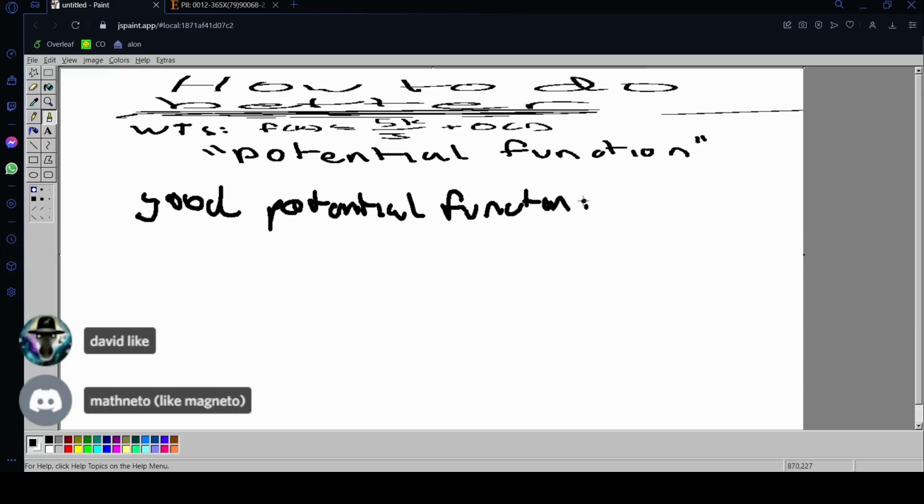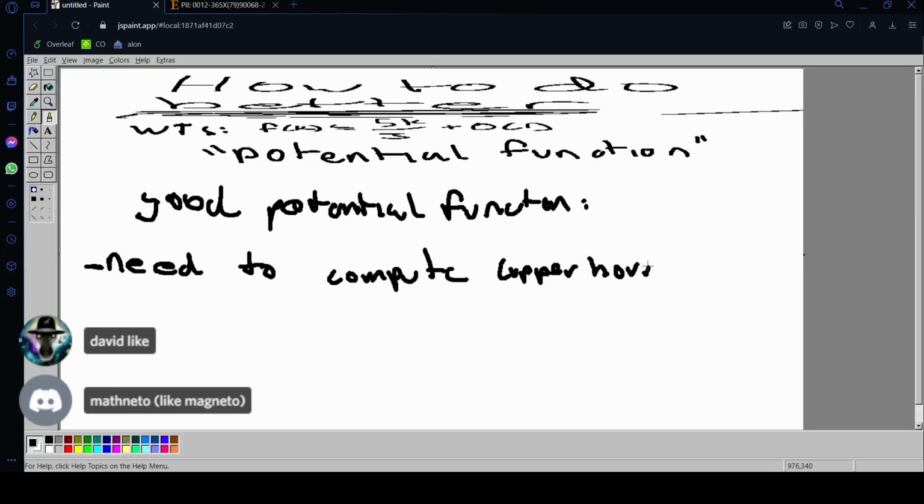So first off, we need to compute an upper bound at least for the max.